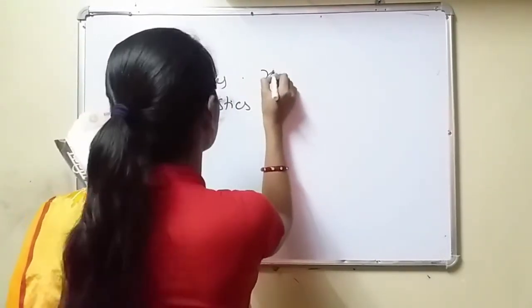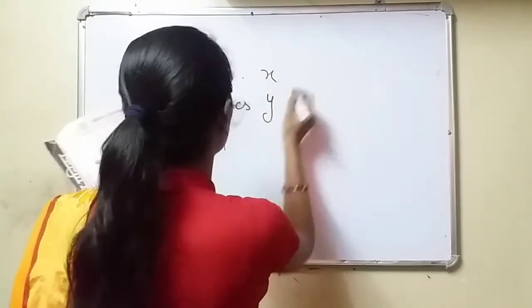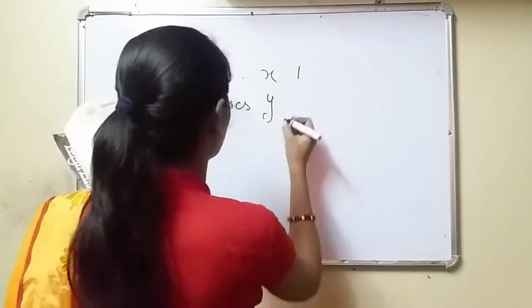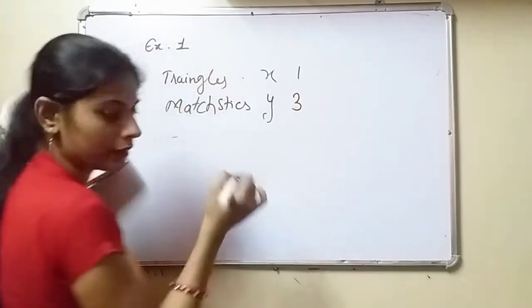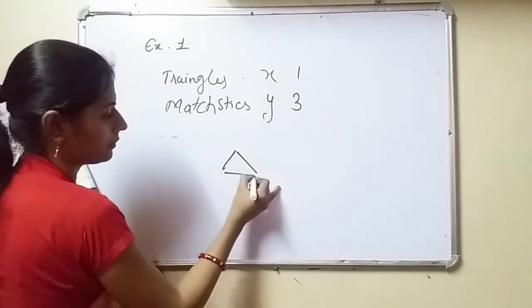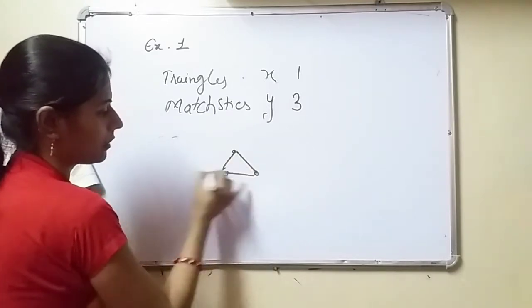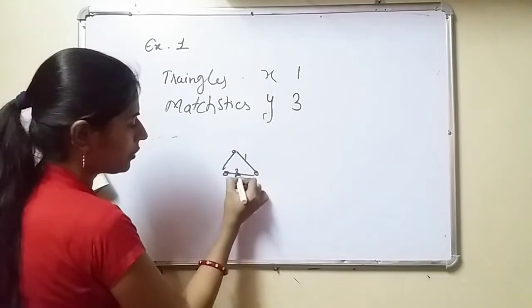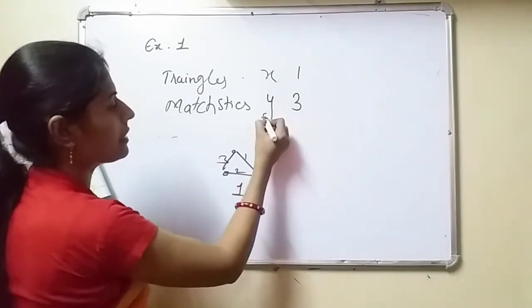Number of triangles is x and y is the number of matchsticks. If the number of triangles is 1, then the number of matchsticks will be 3. See, this is one triangle. Then how many matchsticks are there? 1, 2, 3. Means 3 matchsticks are there.